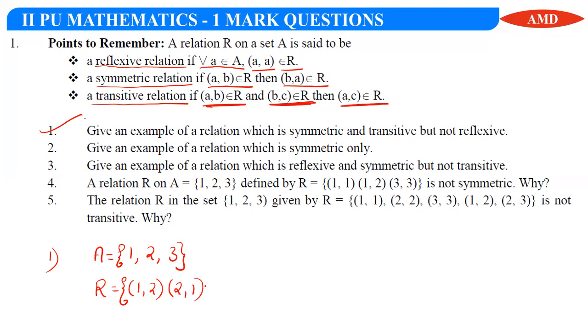And to make it transitive, I will have to have (1, 1), also (2, 2). Yes, that's it. Now, this relation is symmetric as well as transitive, but not reflexive because (3, 3) is missing here. Though 3 is an element of A, but in the relation (3, 3) is missing. Therefore, it cannot be reflexive.